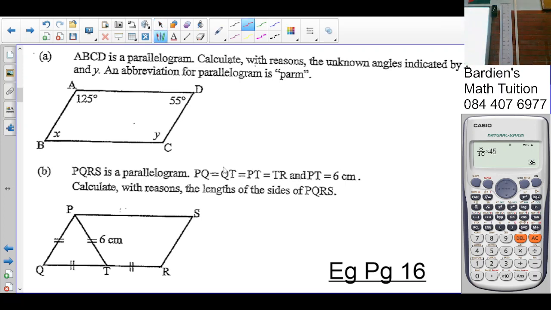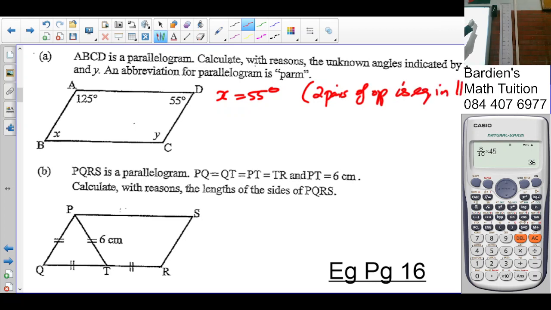So, x is equal to what? 55 degrees. Why? Two pairs of opposite angles equal in a parallelogram. There is 55 degrees.